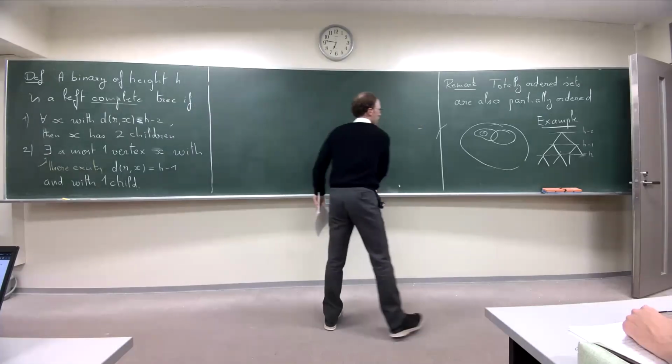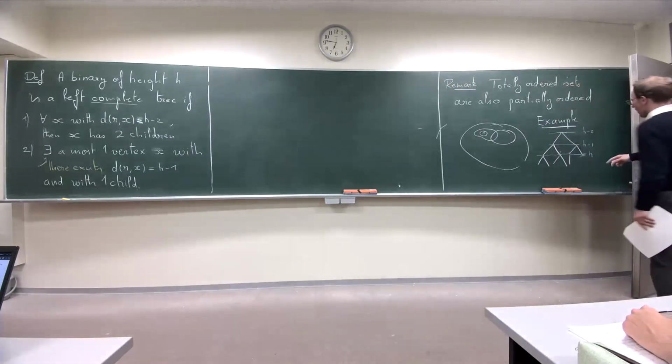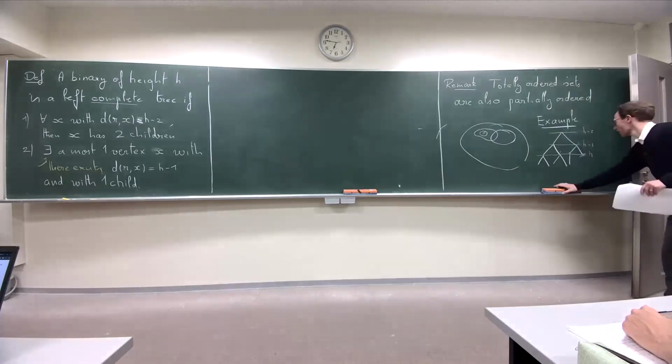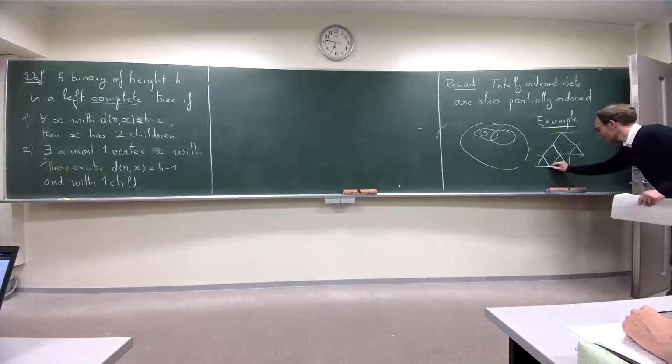Let's look at this example at level h minus 1. Sorry, there is a small mistake in this picture. The height, this is h. Children are at h.